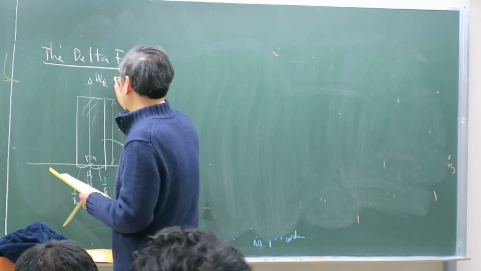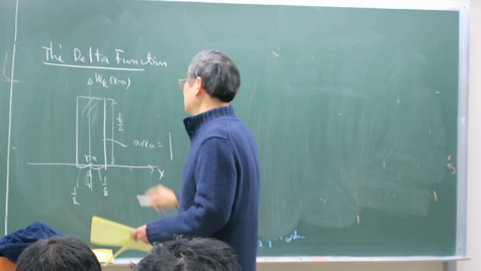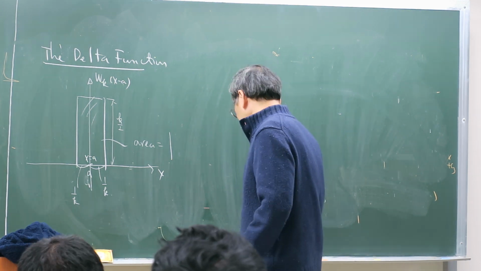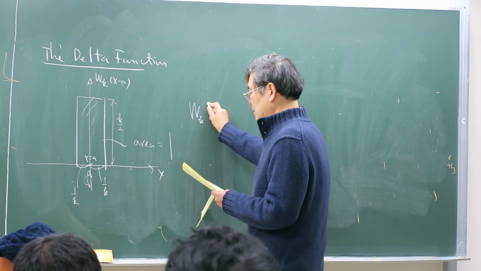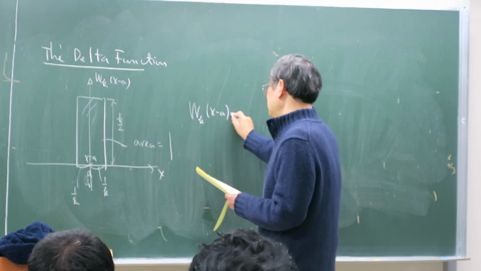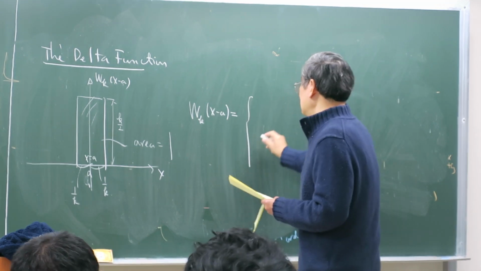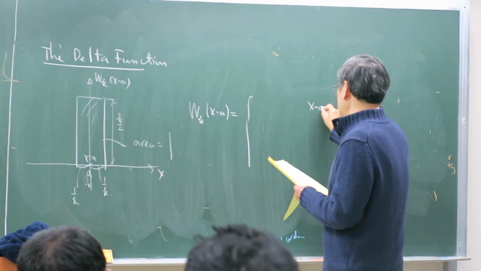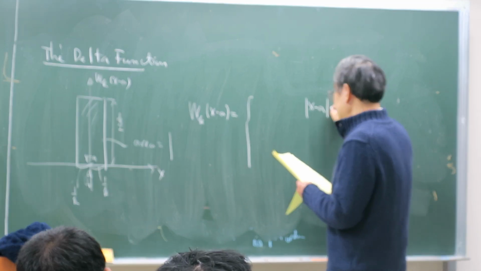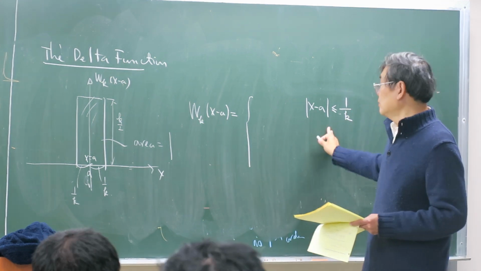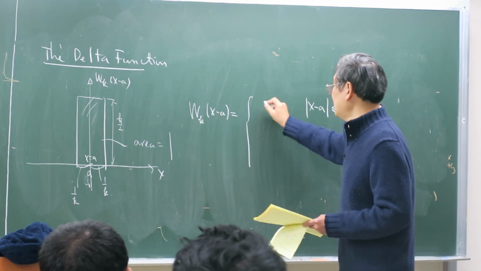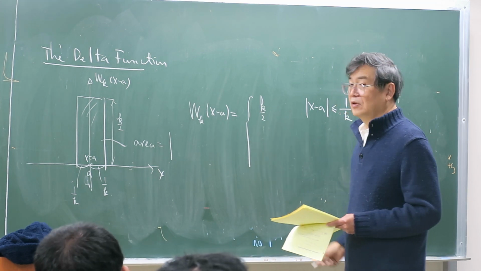W_k(x minus A). Okay, so W_k(x minus A) is defined as: for absolute value of x minus A less than or equal to 1 over k, within this range, the value is k over 2.